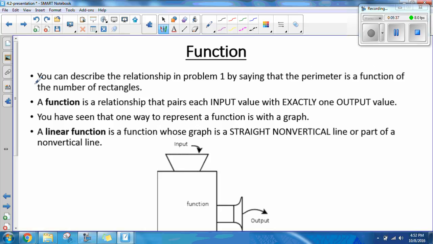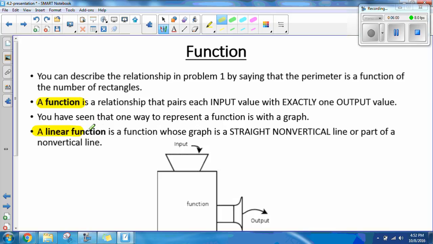You can describe the relationship in problem 1 by saying that the perimeter is a function of the number of rectangles. A function is a relationship that pairs each input value with exactly one output value. You have seen that one way to represent a function is with a graph.